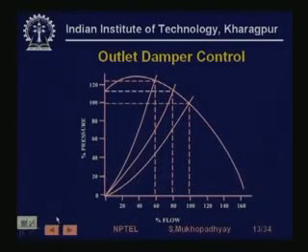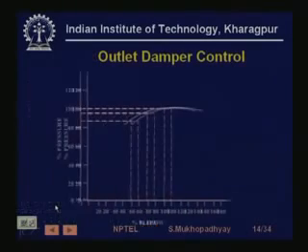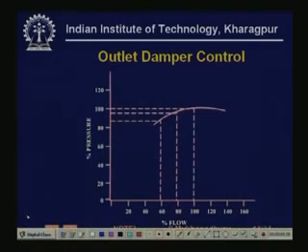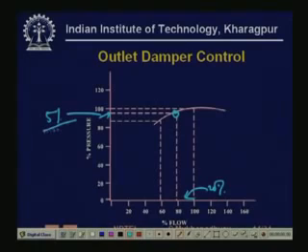In fact, if you look at the energy curve, you see that in damper control, as you go from 100 to 80, the energy fall is only this much, very low. There is a 20% flow reduction, but probably only a 5% power reduction. This is not pressure, this is power.